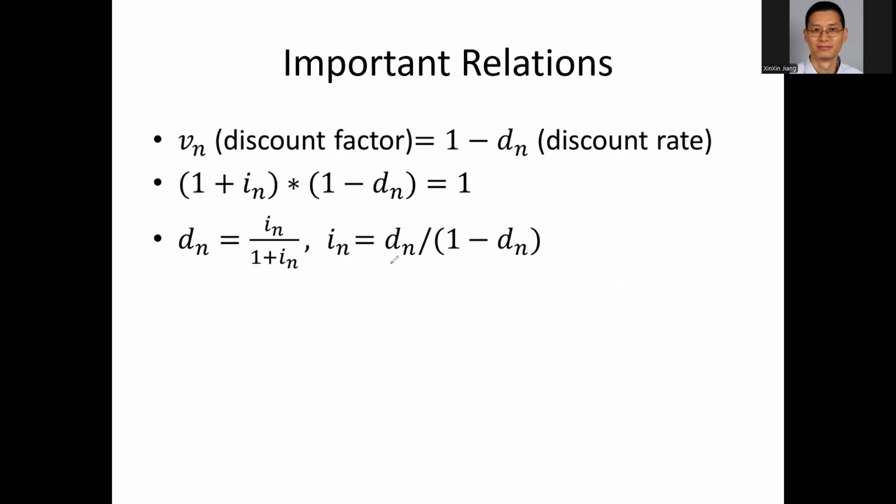These two formulas are relatively easy to find, but it's good for you to memorize them because, especially if you want to take the exam for the Society of Actuaries, you want to be faster, and if you remember them, then it's pretty easy to work. Okay.